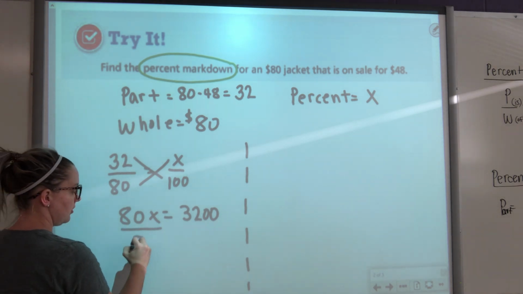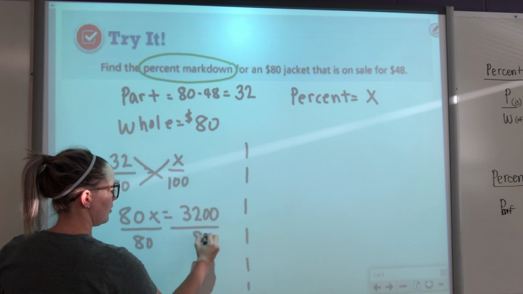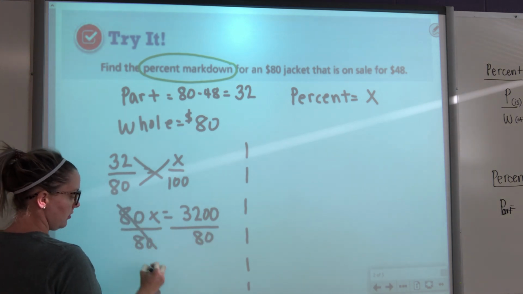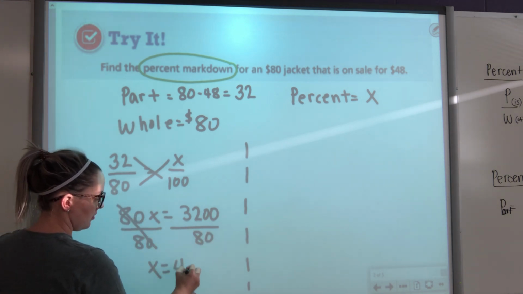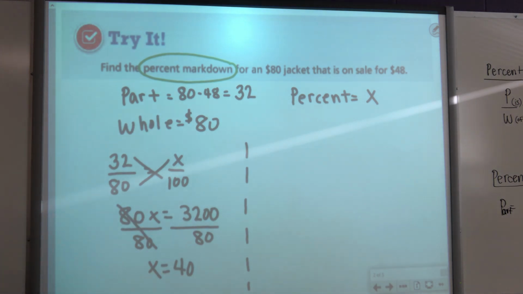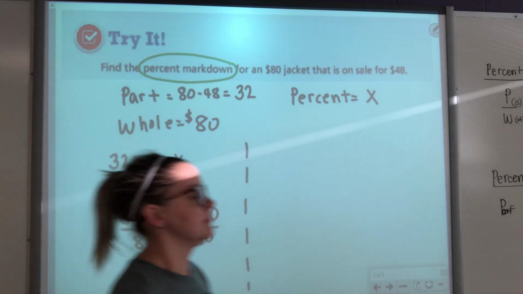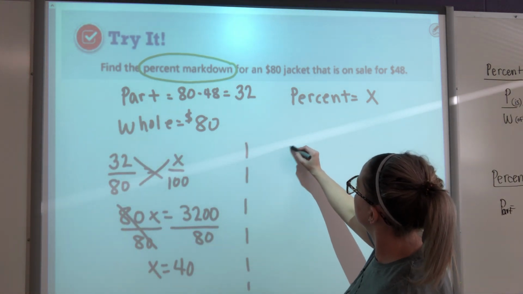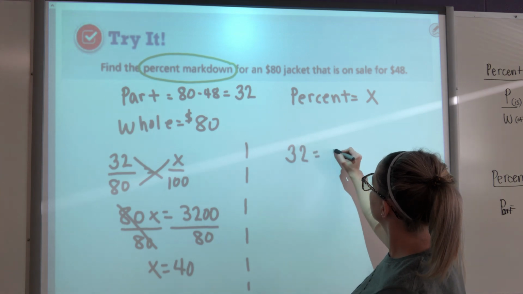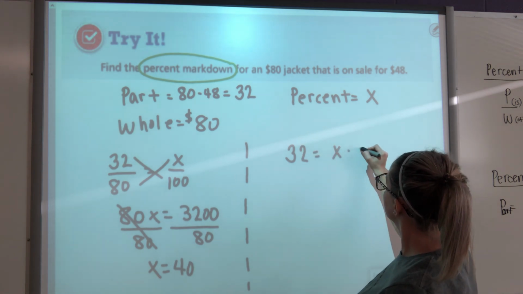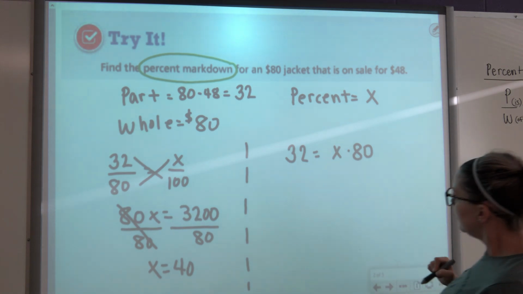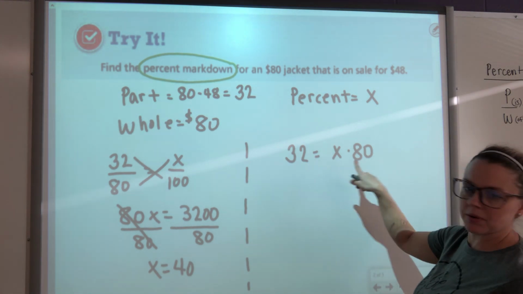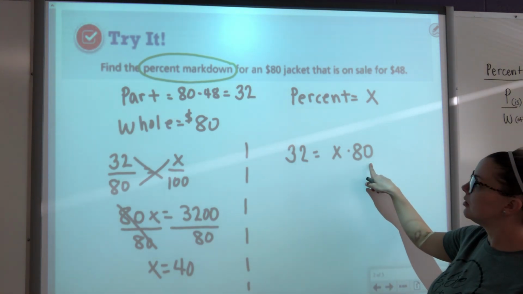Divide. Part is equal to the percent times the whole.